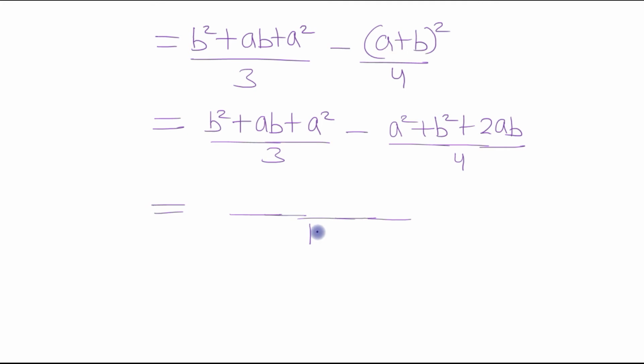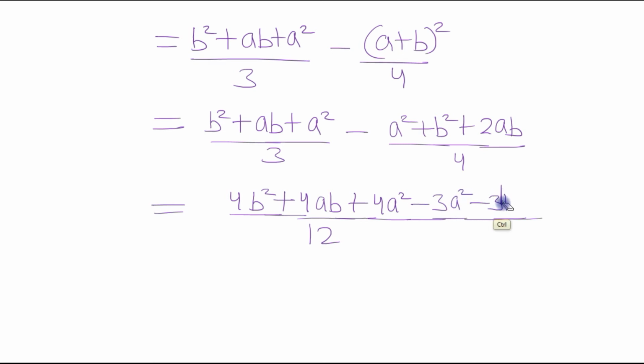Now we will take the LCM as 12 and this will become: now 4b square minus 3b square is b square, and 4ab minus 6ab is minus 2ab. 4a square minus 3a square is a square.